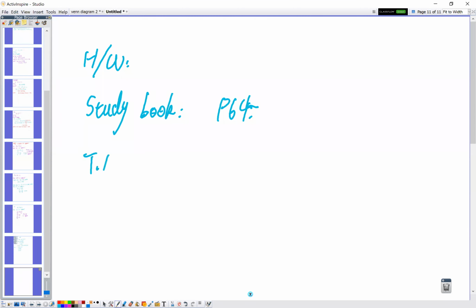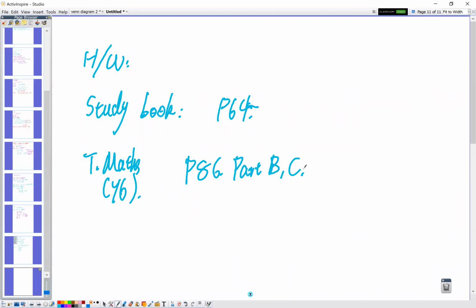Second, the Target Math Year 6 book, part B and C. And the third one, the question book.